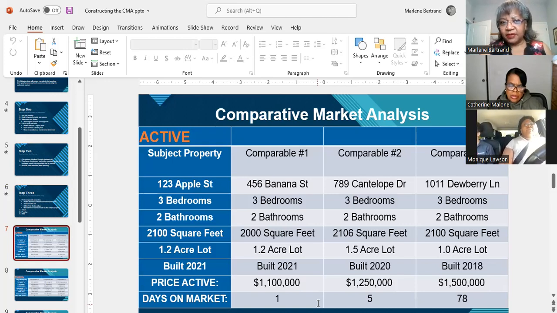You can look at what you're talking about, but I like to look at combined days on the market so that you can see that this person's trying to sell their house in spring. And even if something happened and it didn't get sold, you still want to know, because they probably haven't changed the price of the home.